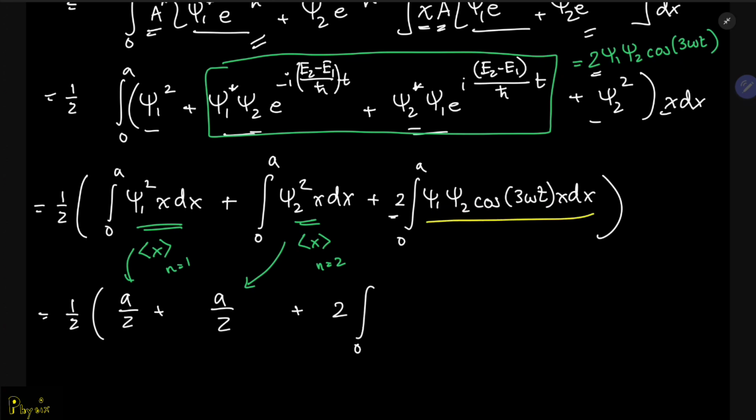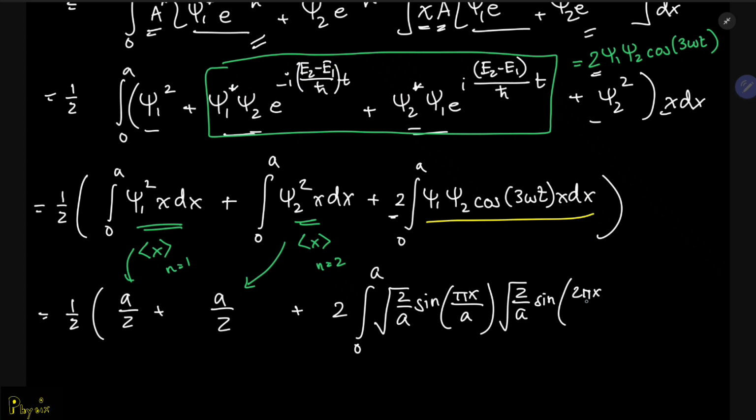So what we're going to do is break down psi 1 and psi 2. Psi 1 is equal to the square root of 2 over a times sine of pi x over a. This is the first stationary state with n equal to 1. Then we have the square root of 2 over a times sine of 2 pi x over a, and we have an x with a cosine of 3 omega t dx.